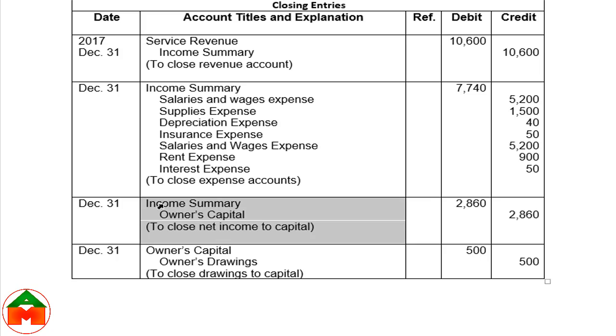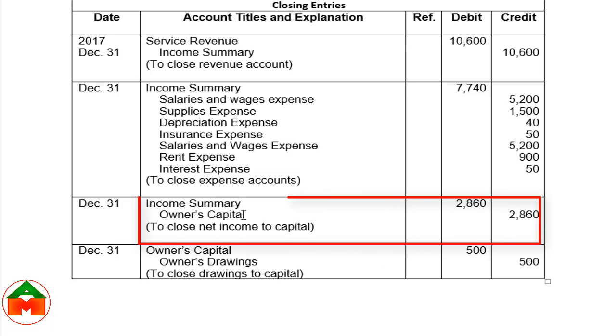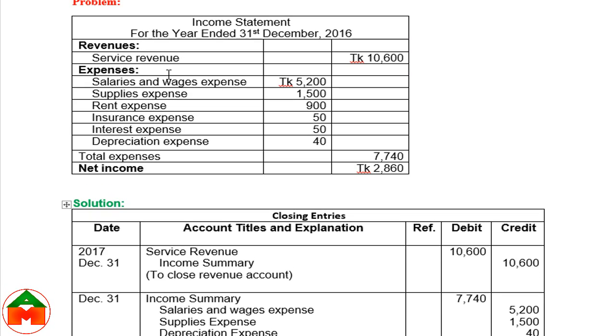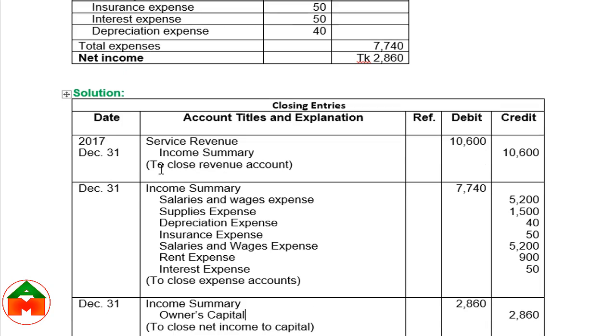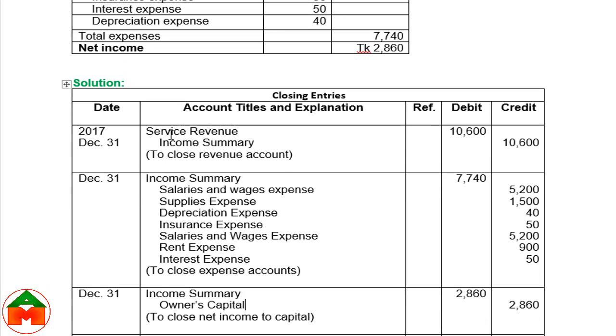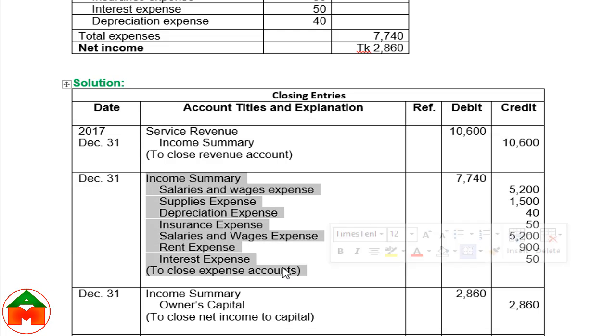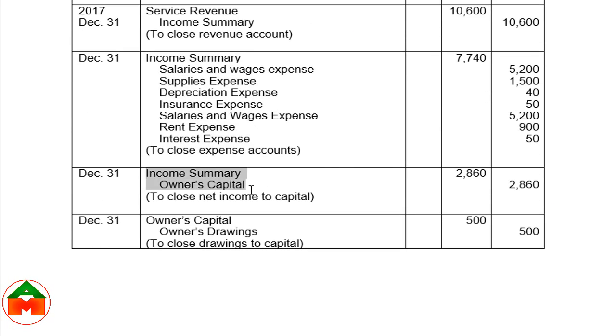With this third closing entry, we are closing the net income. So from the income statement we have prepared three closing entries. This is the first one, this is the second one, and this is the third one.